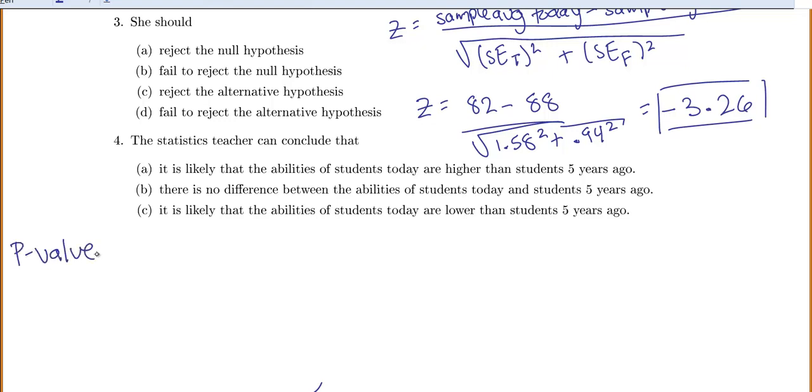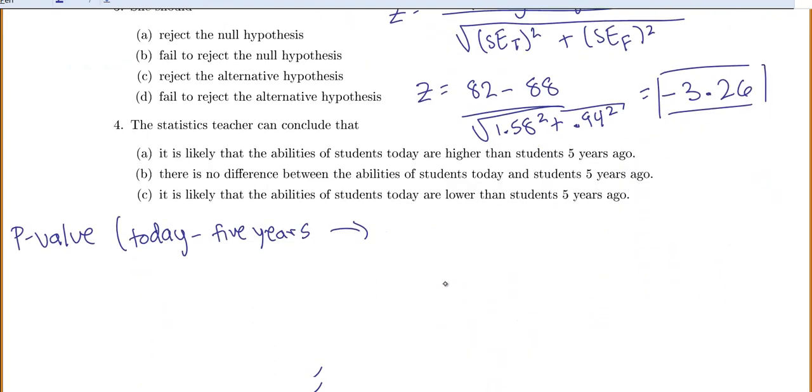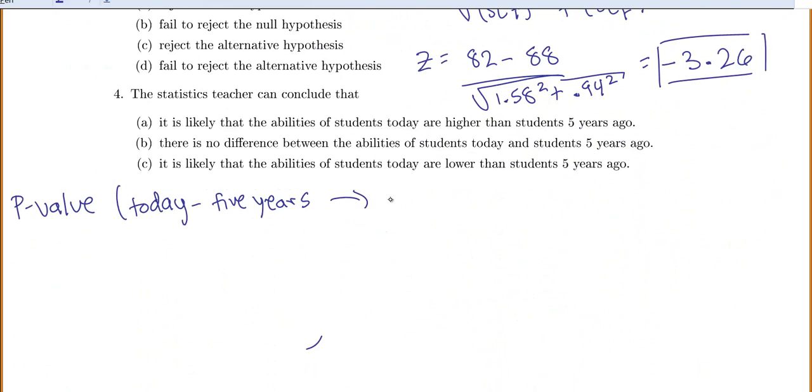And again, I'm just continuing on. I'm going to work the entire problem and then go back to pick the correct answers for the multiple choice. So my p-value, we did today minus 5 years ago. Now she says she thinks today's students are less, their abilities are less, so their score should be less.